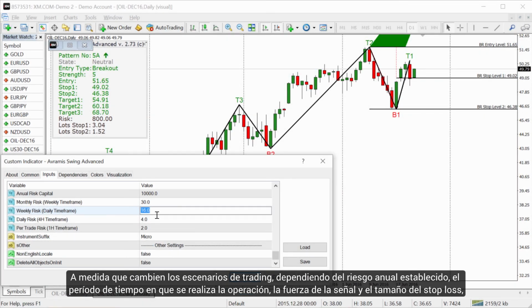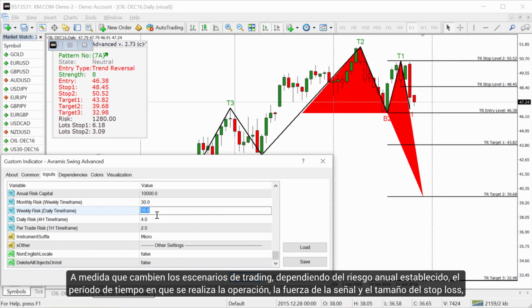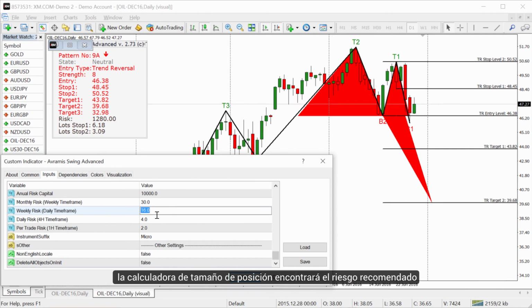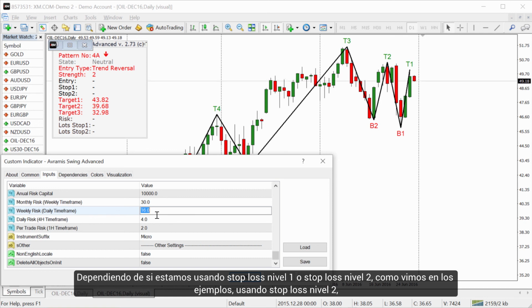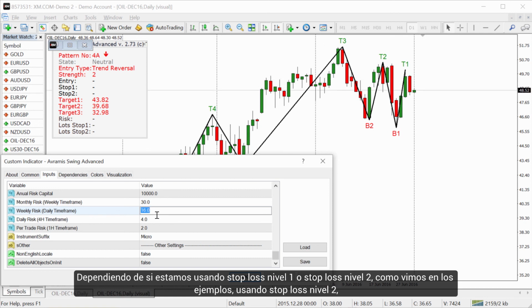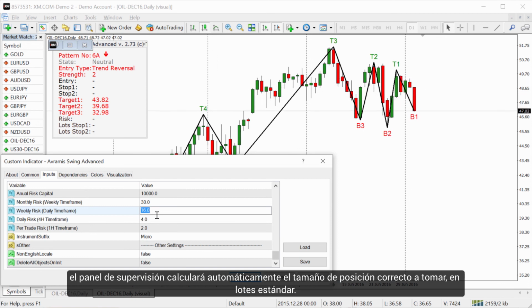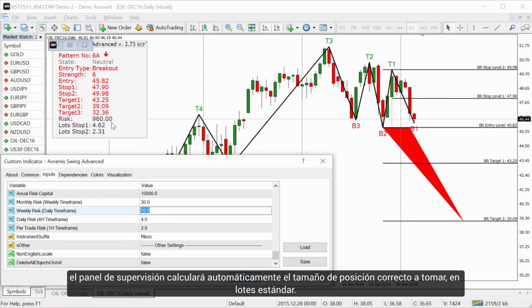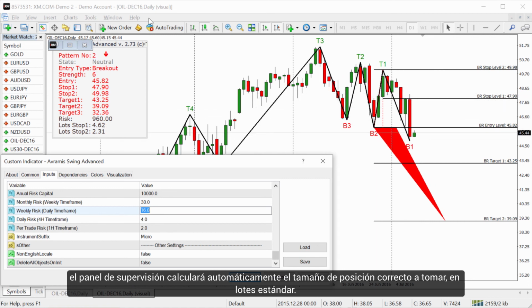Now, as those trading scenarios change, depending on the annual risk we have set, the time frame the trade is on, the strength of the signal, and the size of the stop loss, the position calculator will find the recommended risk. Now, depending then if we are using stop loss 1 or stop loss level 2, as we saw in our examples, using stop loss level 2, the monitor panel will automatically calculate for us the correct position size to take in standard lots.